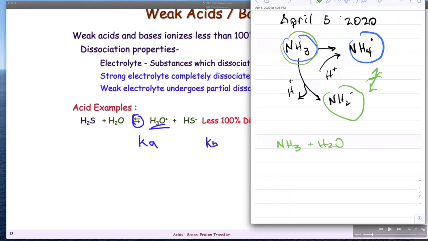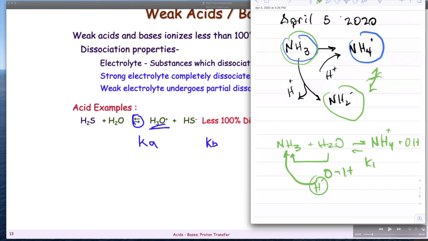Here water is the acid and ammonia is the base. So what you have is NH4 plus and hydroxide. What water does is donate its hydrogen to ammonia. And this is a Kb.